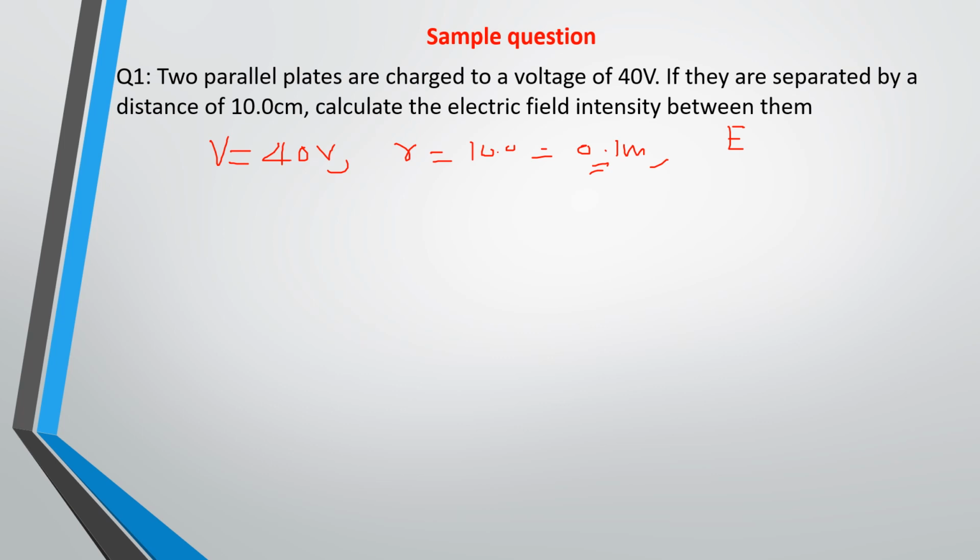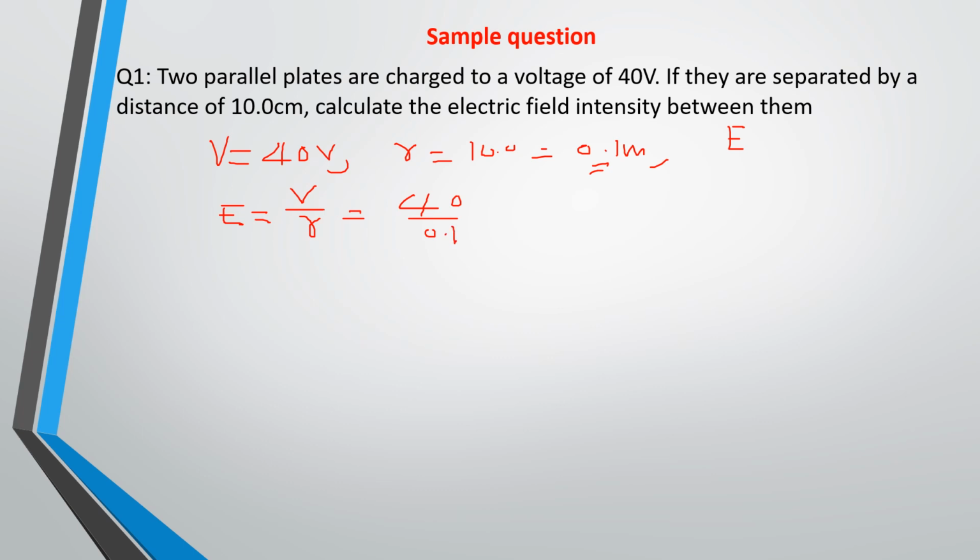So from our discussion so far, we had that E is equal to V over R. So just substitute: you have 40 over 0.1.